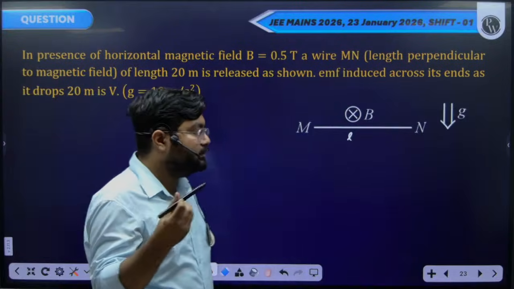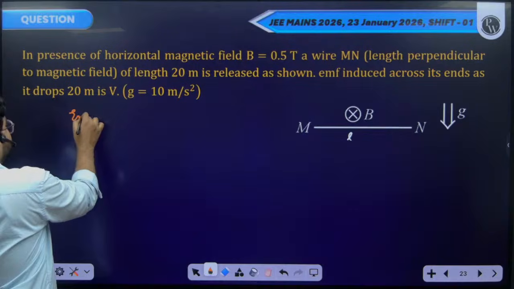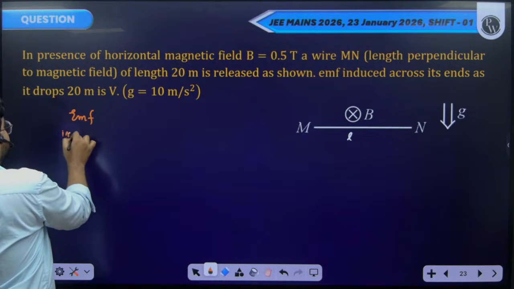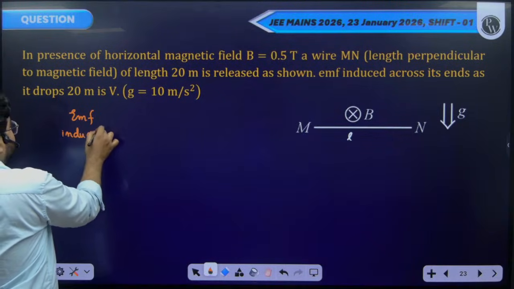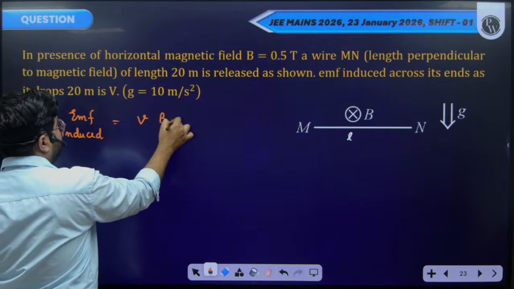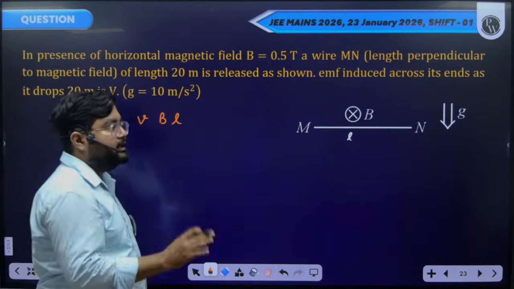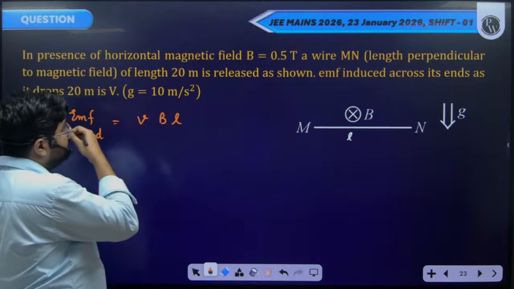All three are perpendicular. In this case, the EMF induced is simply velocity into magnetic field into length. Now we just need to find the velocity as it drops by 20 meter. It starts from rest.